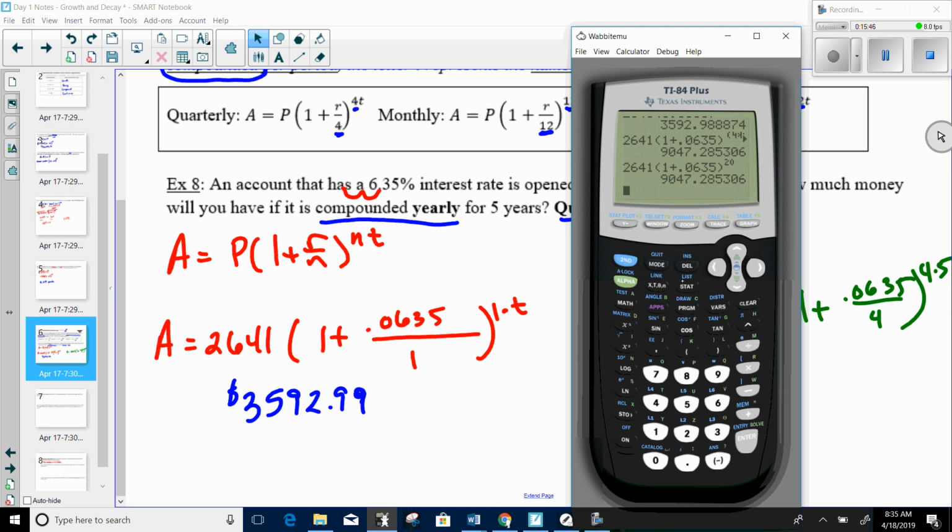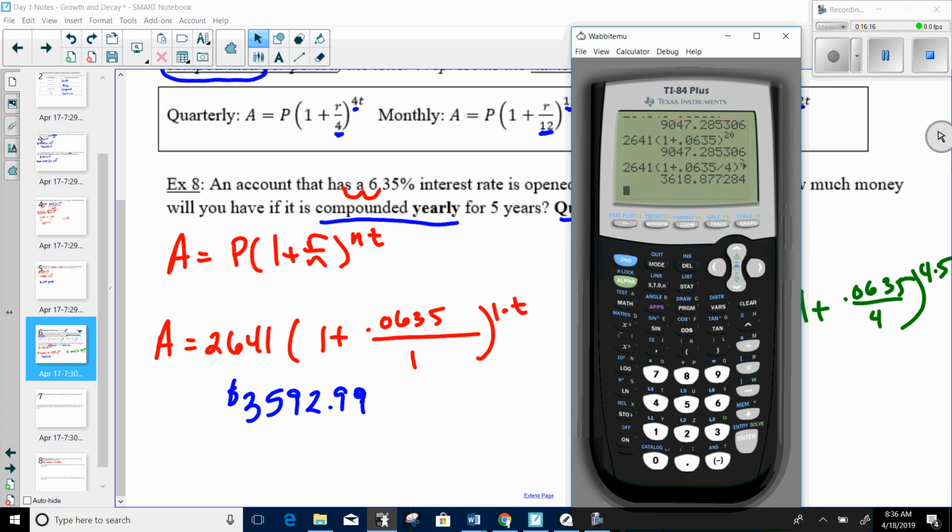That doesn't seem right. Oh, I know. I forgot to divide. Duh. So it's 2641 parentheses 1 plus 0.0635 divided by 4. I forgot to do the divided by 4. You got to make sure you divide your interest rate by 4 raised to the 20th power. I was like, that's way too high.